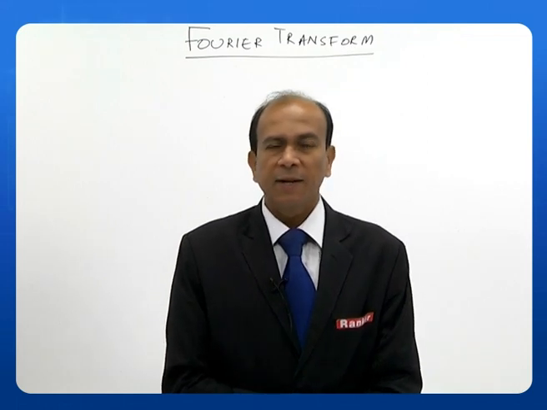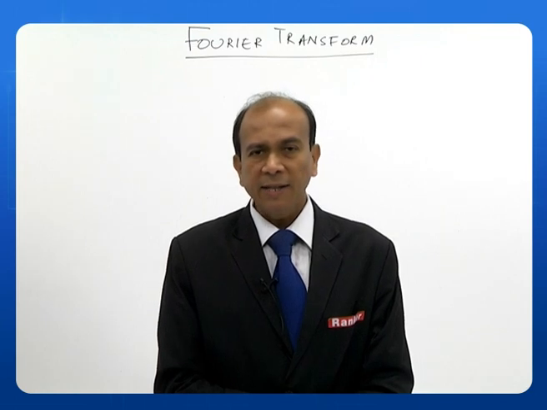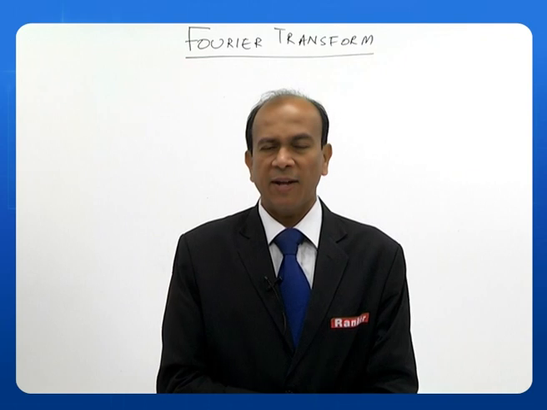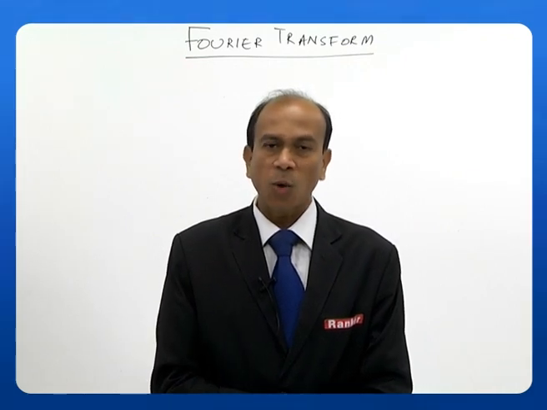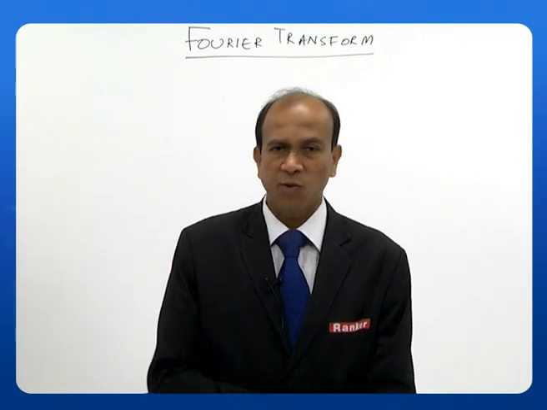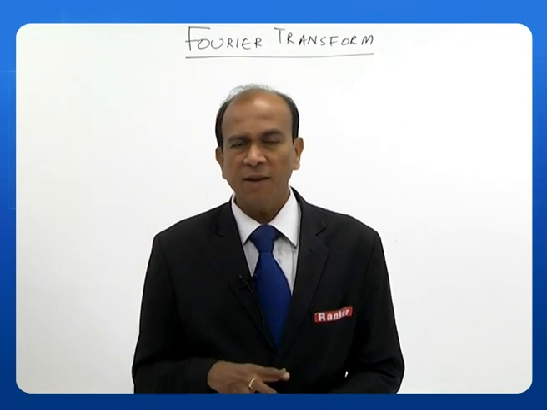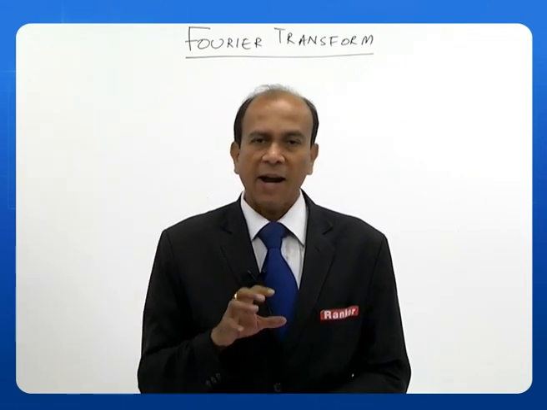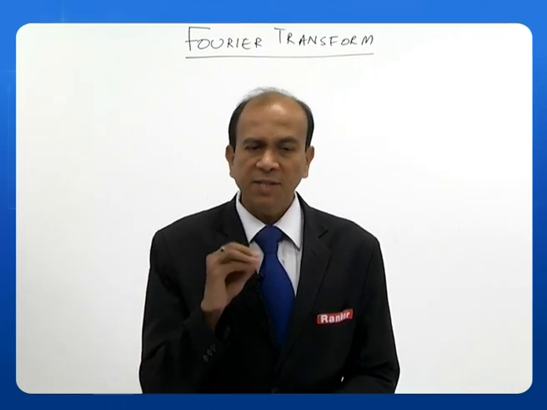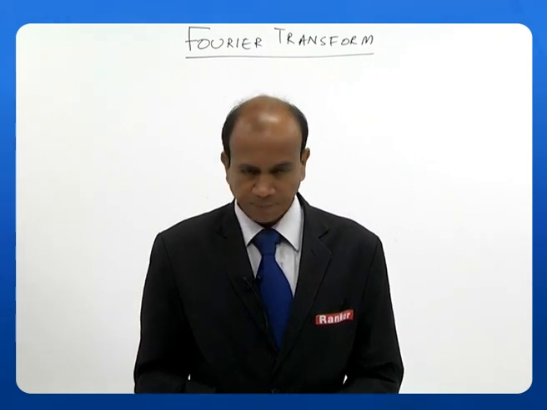When I calculate Rgp of tau at tau equal to 0, this will give me the average power of the signal. So, Rg of 0 will give me the energy of the signal for energy signals, and Rgp of 0 will give me the average power of the signal for a power signal. This is property 2 of autocorrelation functions for periodic signals.